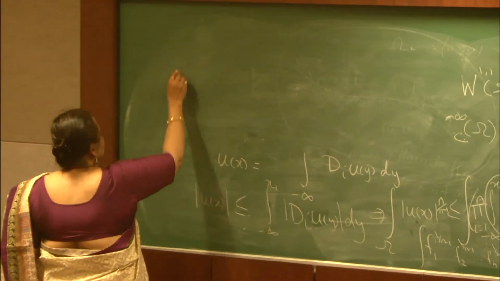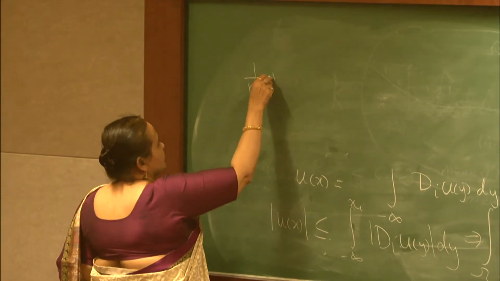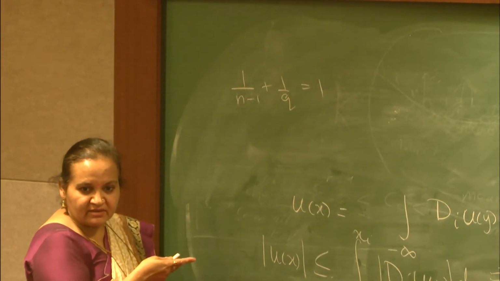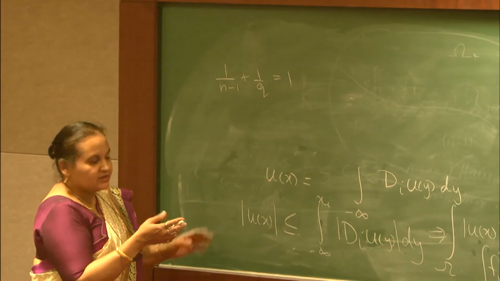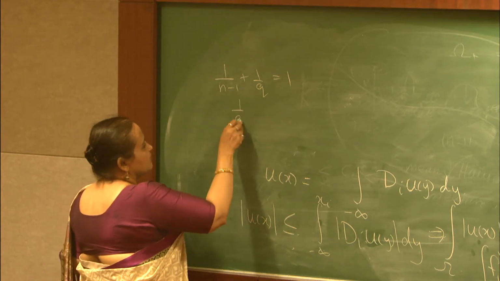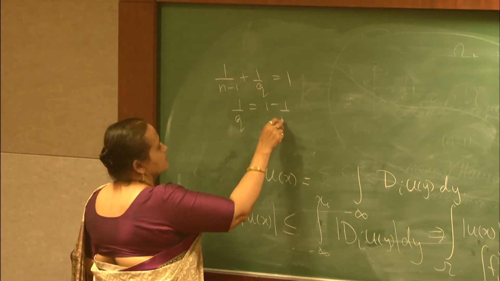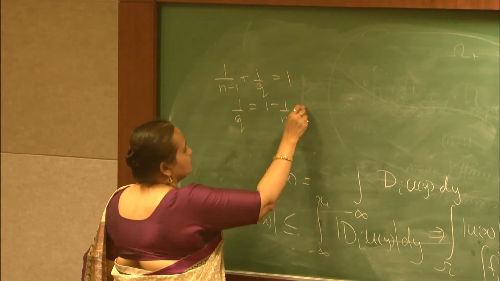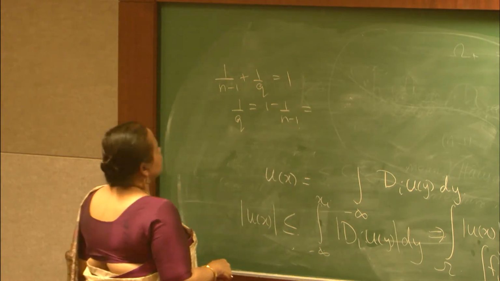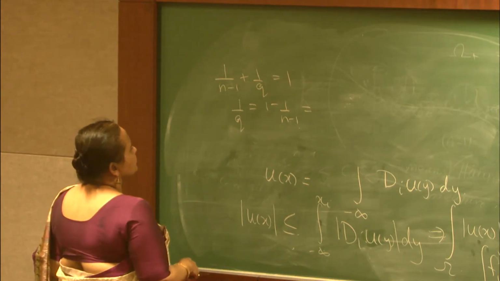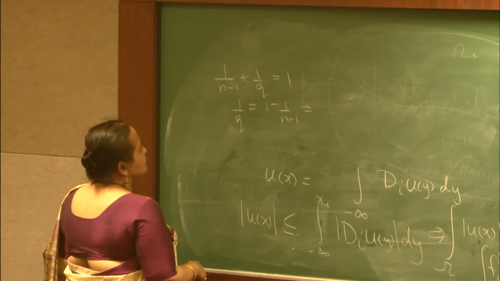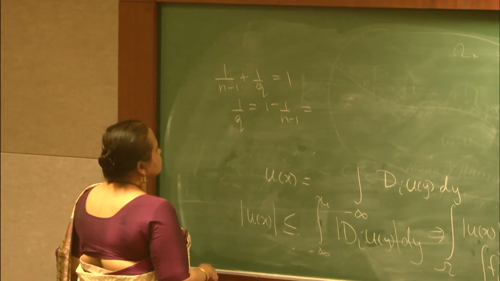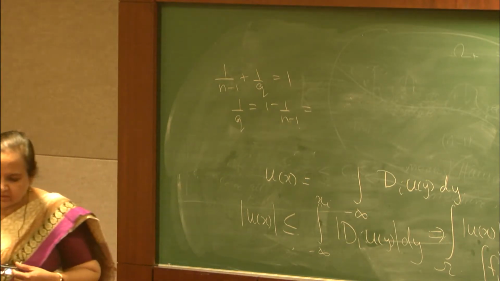because I am not getting n upon n minus 1 that is bigger than 1. But what we can do is the following. If you see 1 upon n minus 1 plus, if I look at this particular equation, what do I get? 1 upon q is 1 minus, what is this? It should be the other way around.